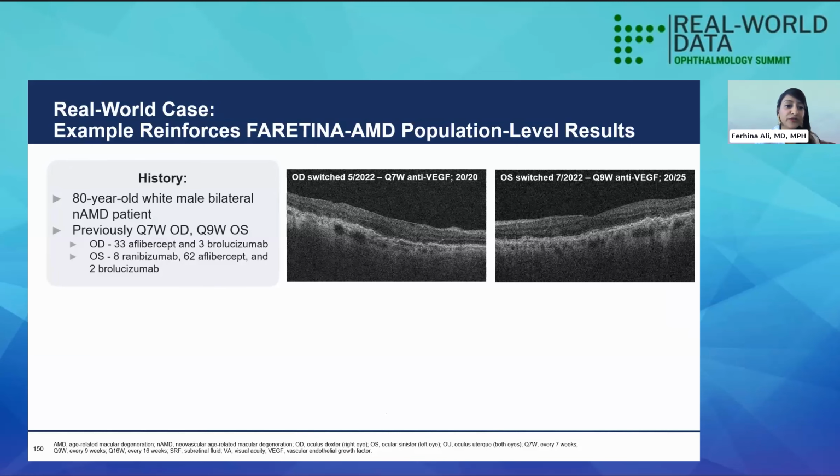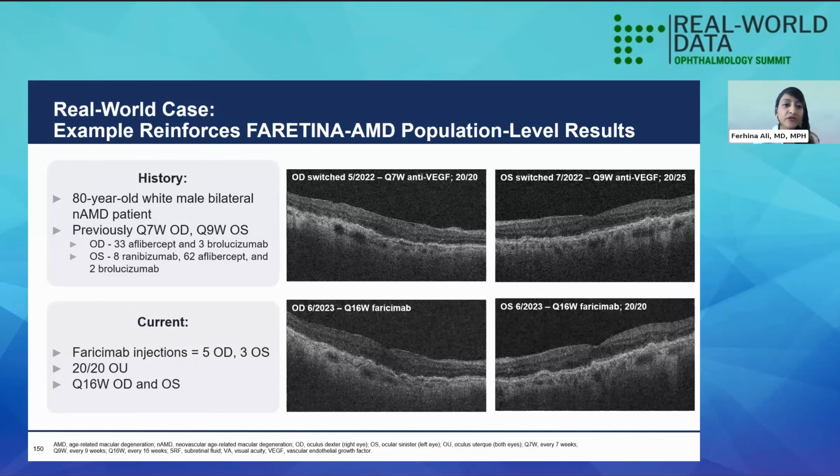The patient was switched to faricimab and Dr. Lang was able to extend this patient out to Q16 week intervals in both eyes while maintaining good vision and good anatomy, as you can see here. And so these specific examples really show us that the real world anatomic outcomes align with the confidence that we see at the population level in physicians who are performing rapid treatment interval extension for their patients once they had access to this treatment.